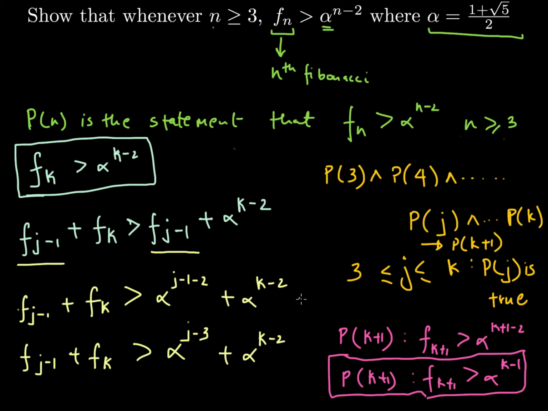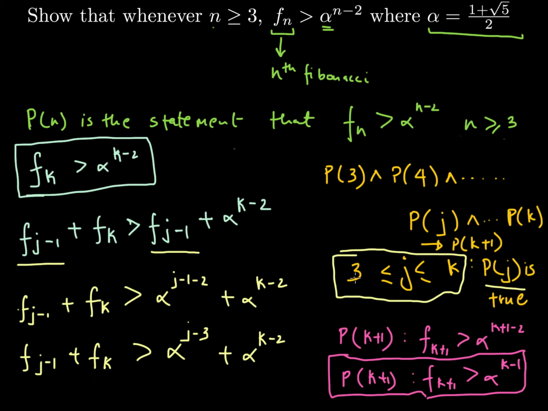Okay, now what I really want to make sure is that my subscript j minus 1 over here is a number that actually satisfies this inequality, where it actually varies between 3 and k. I want to make sure it doesn't exceed these bounds, because within these bounds I do know that the statement P of j is true. What is one such number that happens to be between 3 and k?